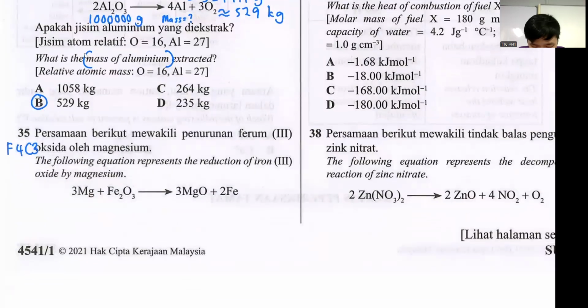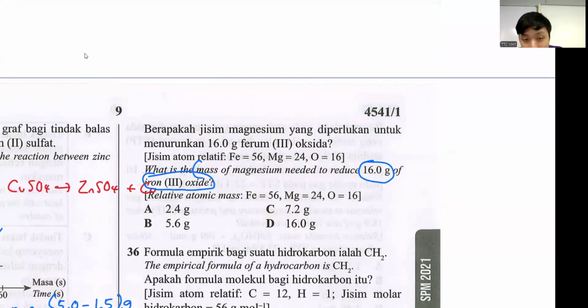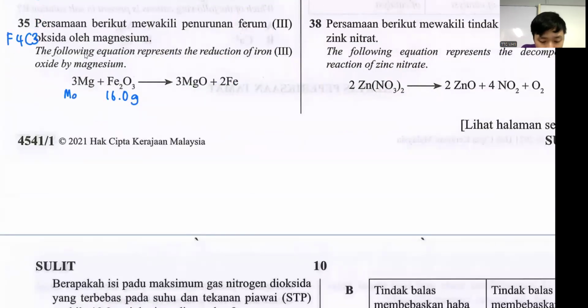Iron trioxide is Fe2O3, 16.0 gram. Then they ask for the mass of magnesium, so mass equals question mark.